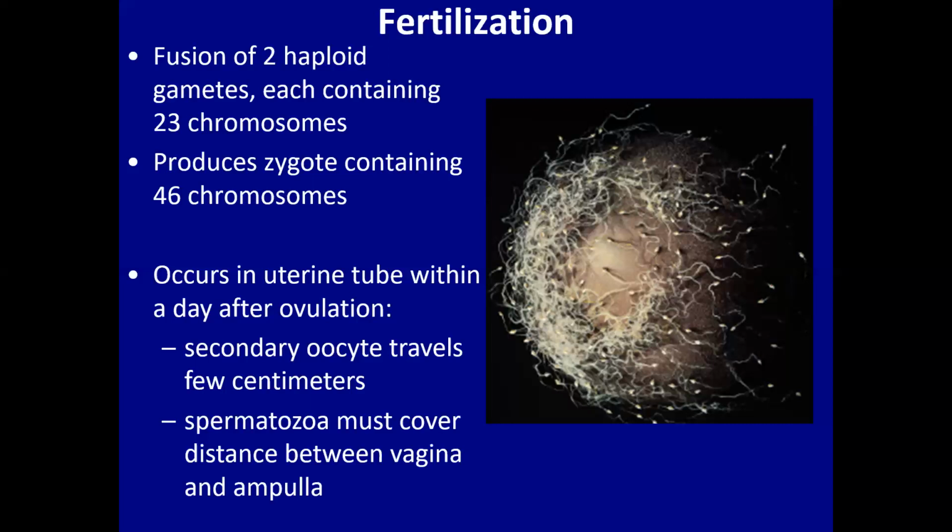When the oocyte and the sperm come together, they form a zygote, and it contains 46 unreplicated chromosomes. If you go back to what I talked about in spermatogenesis and oogenesis, if we start with a spermatogonium or an oogonium that has 12 pounds of DNA, when it comes down to fertilization, the sperm will have 3 pounds and the oocyte will have 3 pounds.